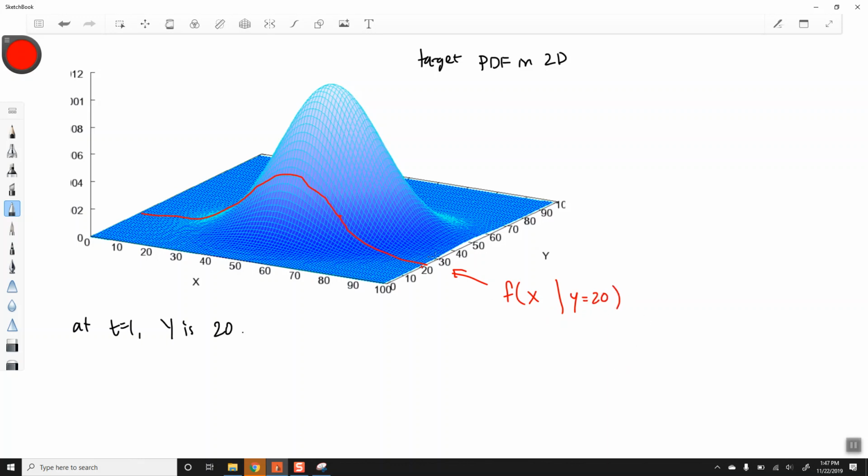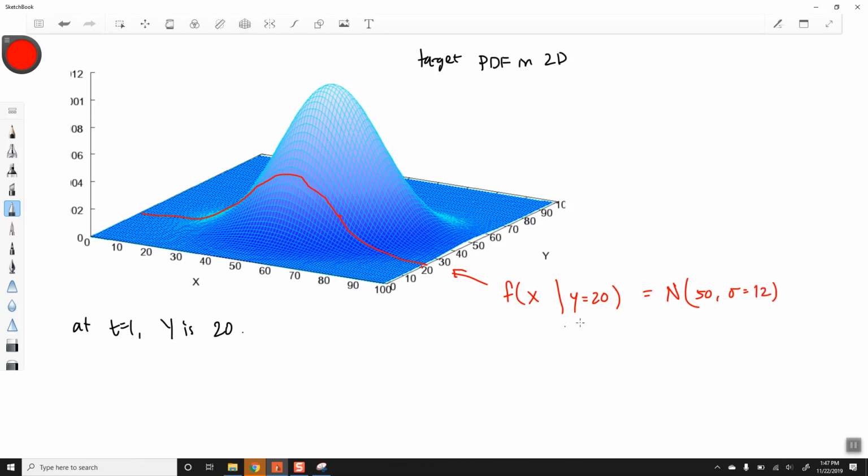So this thing is itself a normal curve, and it is the distribution of x when y is equal to 20. Maybe this is the normal distribution centered at, say, 50 with standard deviation equal to 12 or something.